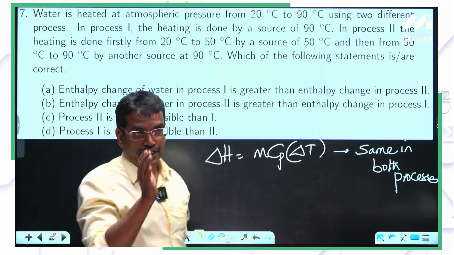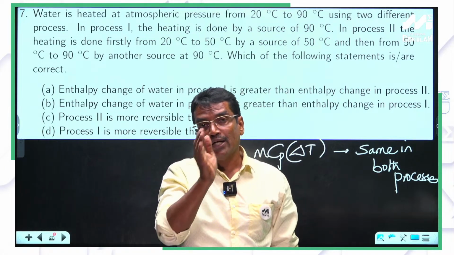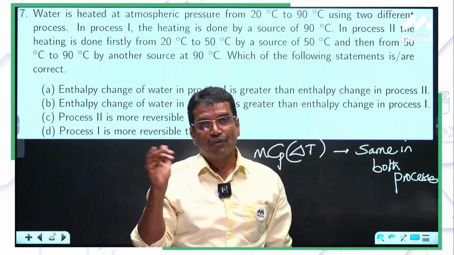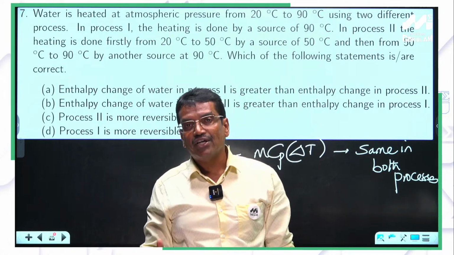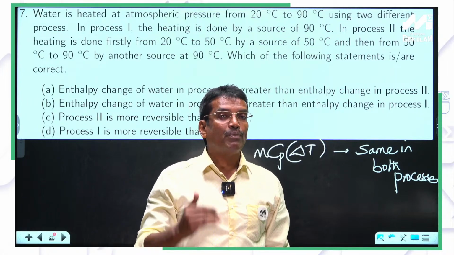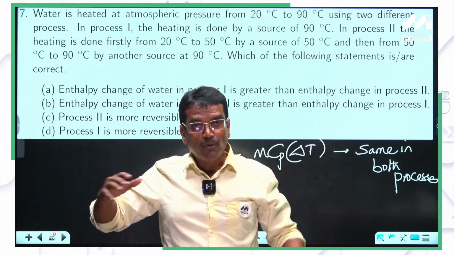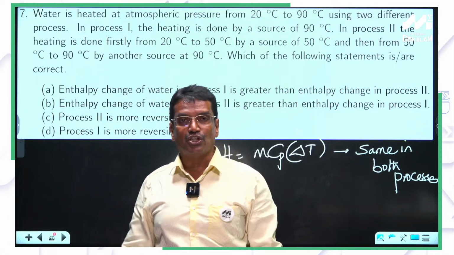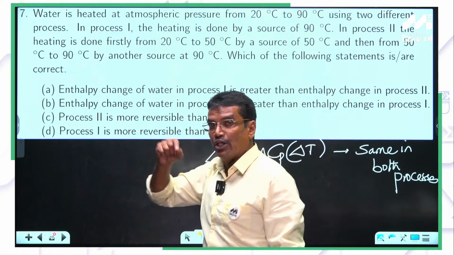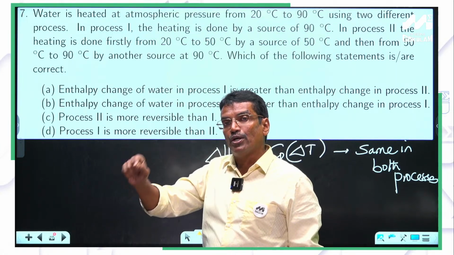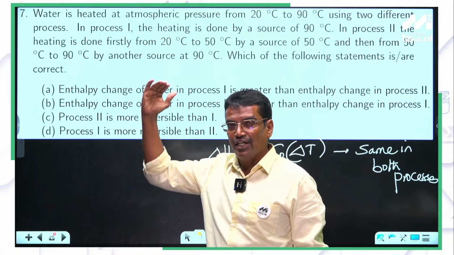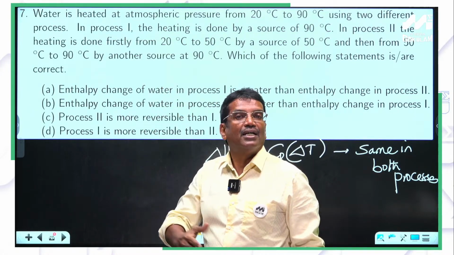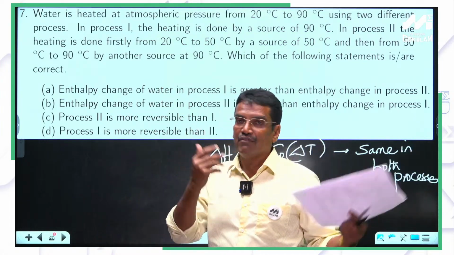If the heating is carried out in more and more steps from different sources, the irreversibility associated will definitely be lesser. There will be lesser entropy generated in the universe. Supposing you take an infinite number of stages of heating, say from 20 to 20.1, 20.1 to 20.2, and so on from different heat sources, the process may finally approach a reversible process.